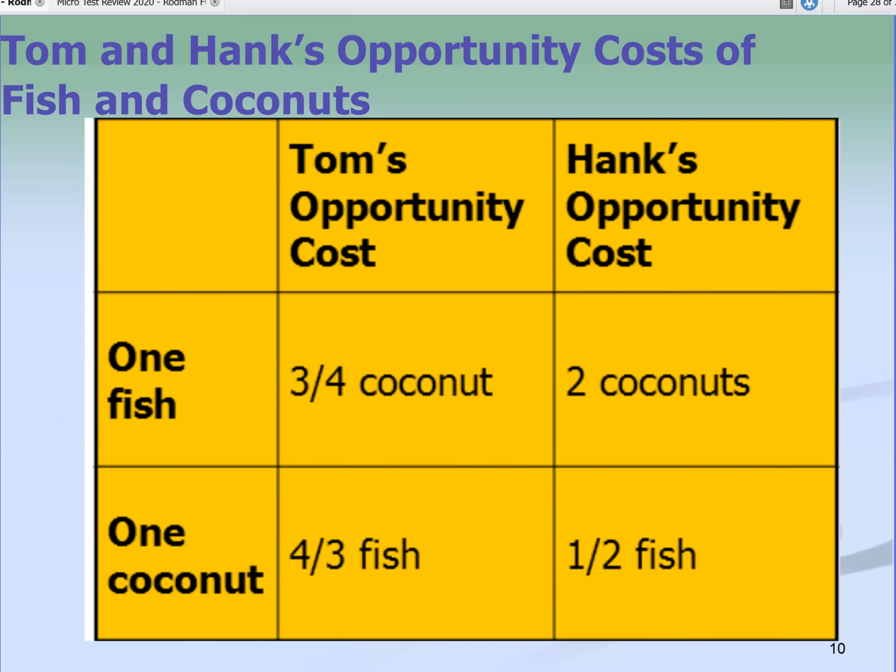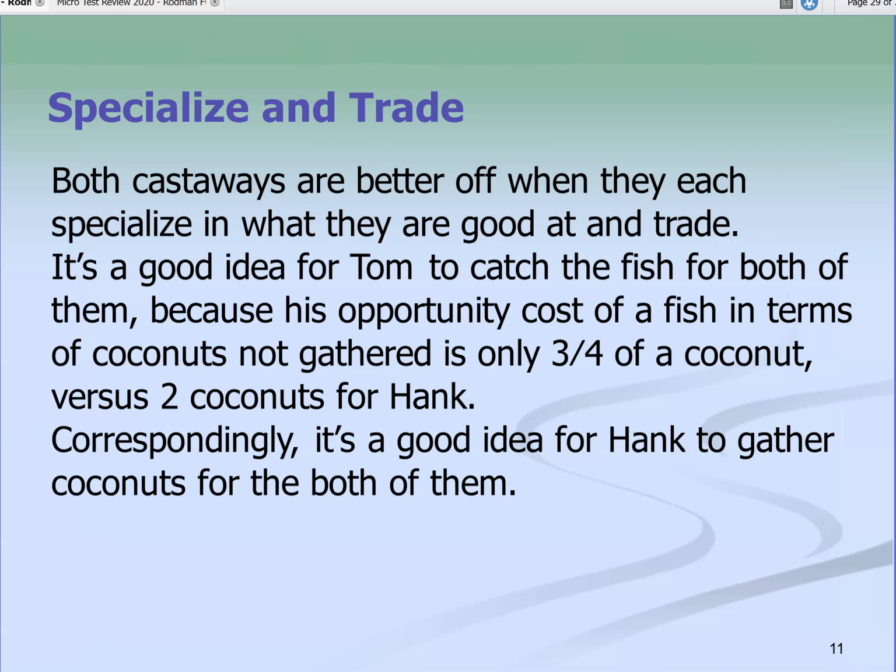And those gains from trade are a win-win for both of them, because they're both working together on this island to do what they're good at, and specializing in what they're better at than the other product. They will benefit as a result of this, and there will be specialization and gains from trade.